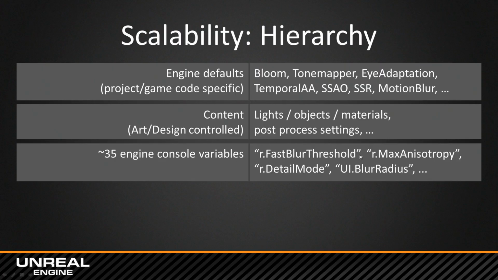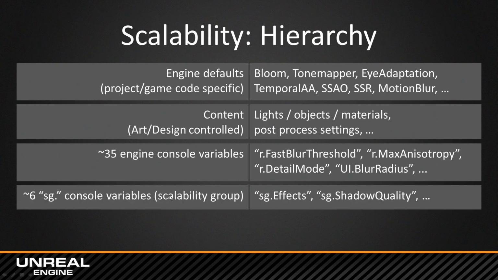So another level is console variables. They're useful for scalability purposes, for debugging purposes, to profile or anything. So there are a lot of powerful low-level tools, but there are so many of them that you sometimes want to control them as bigger groups. And that's what the SG console variables are. There are just 6 of them. They are scalability groups, and with those you just control those console variables.